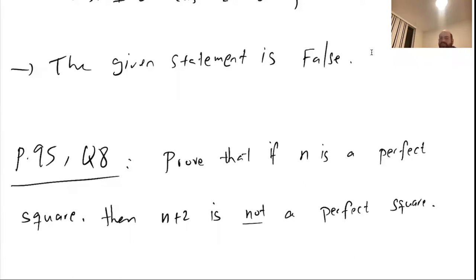So why don't we assume that n plus 2 is a perfect square and then try to reach a contradiction? So, proof by contradiction. In proof by contradiction, we assume what we want to show is wrong, and then we reach a contradiction. Here we want to show that n plus 2 is not a perfect square. So let's assume n plus 2 is a perfect square and then reach a contradiction.